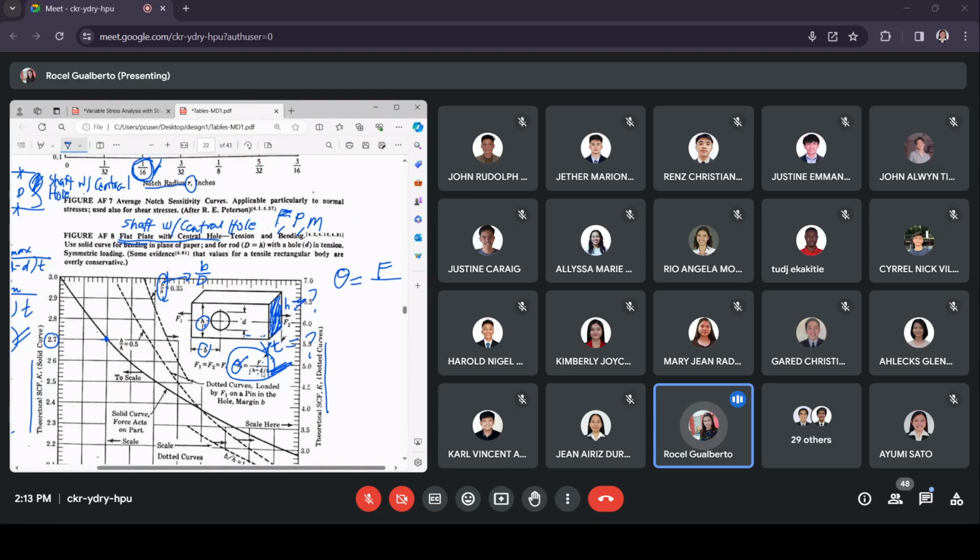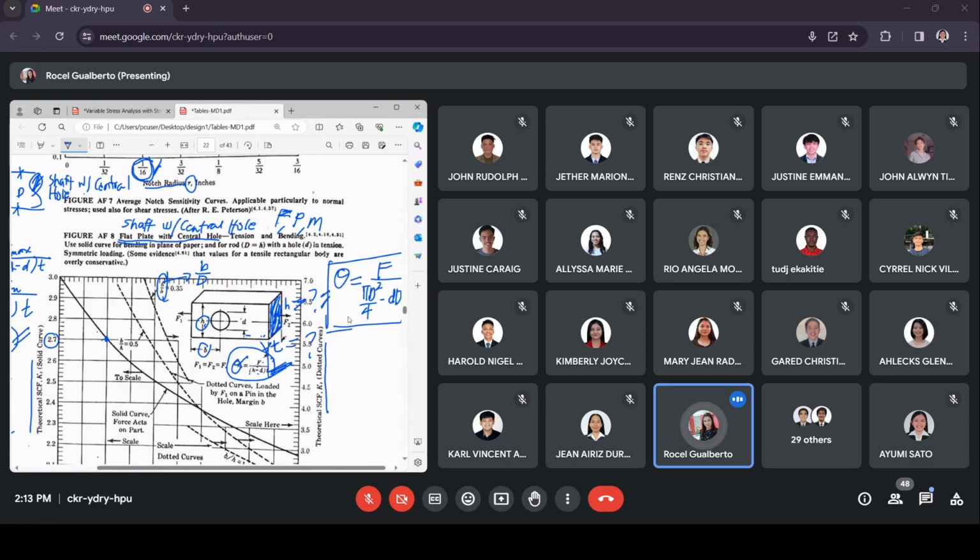This is H minus D times D. If binilog na po natin yan, it would be pi D squared over 4 minus D times D. So, ito na po yung gagamitin natin if we have a shaft with a central hole.